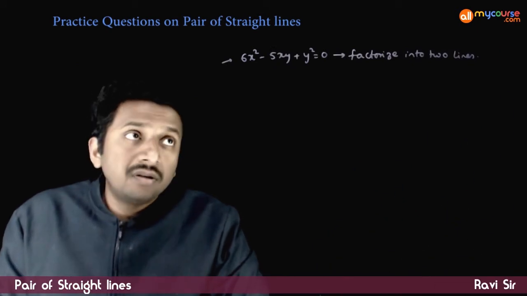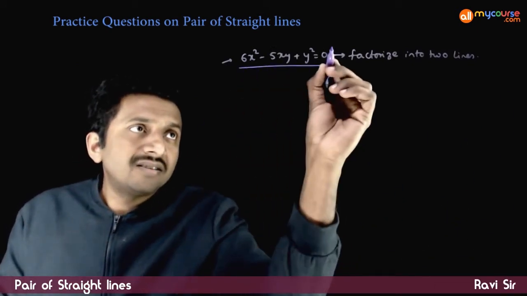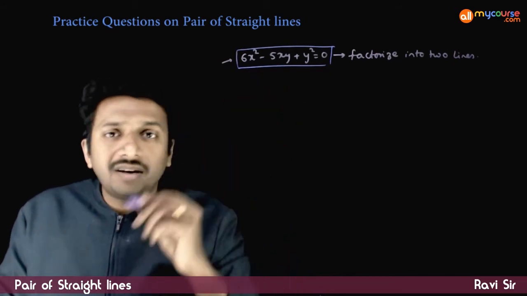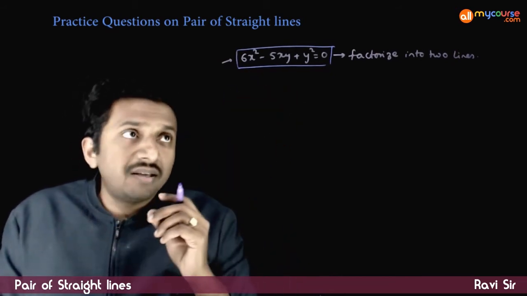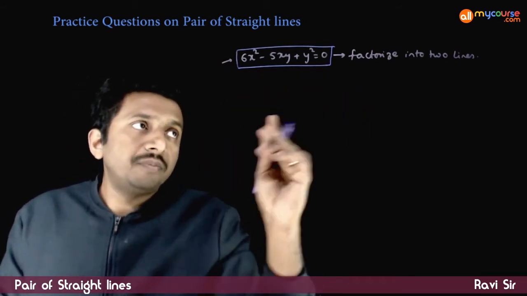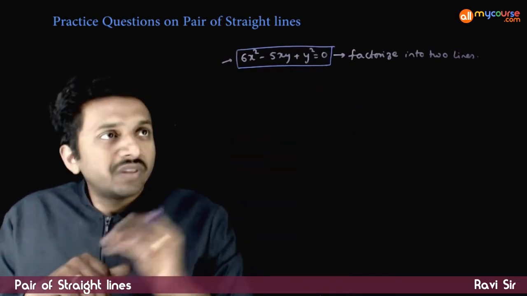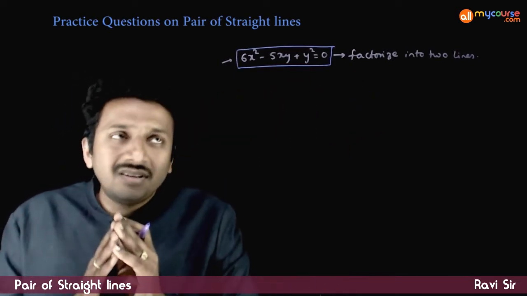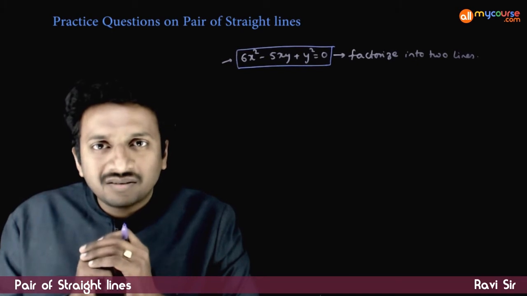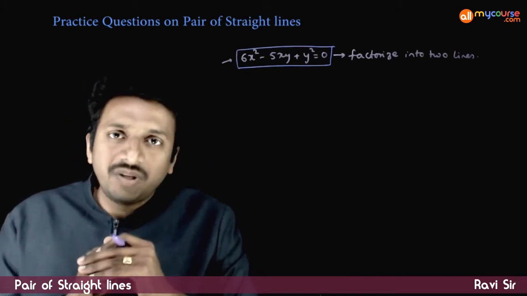In this question, you're asked to factorize 6x square minus 5xy plus y square is equal to 0 into two lines. This is a homogeneous equation, so this is very easy to factorize. You can factorize it by assuming this as a quadratic.